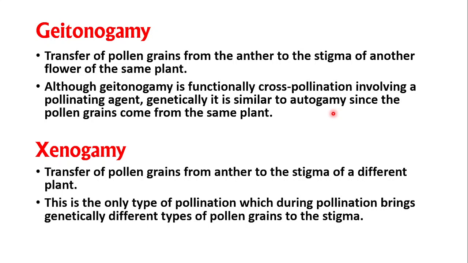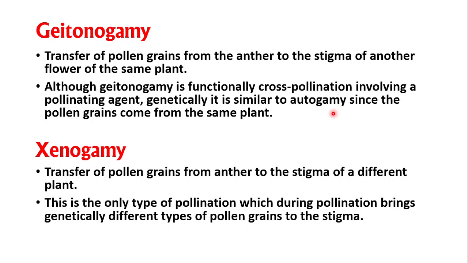Coming to the next one, that is xenogamy. It is nothing but the transfer of pollen grains from anther to stigma of a different plant. And this is the only type of pollination which brings genetically different types of pollen grains to the stigma. In case of xenogamy, cross pollination will be seen.